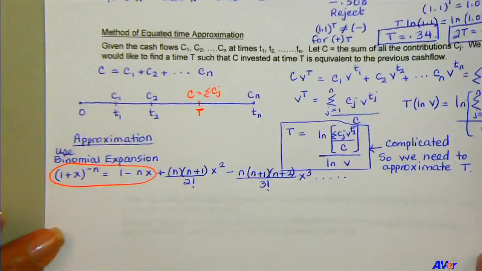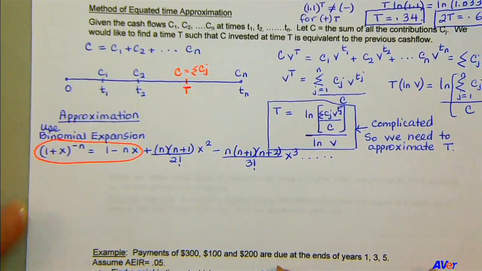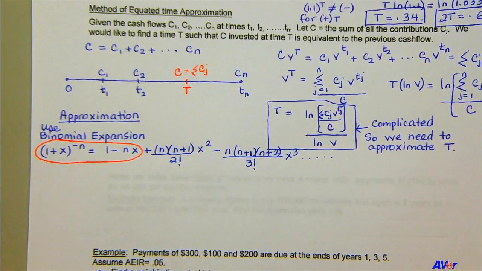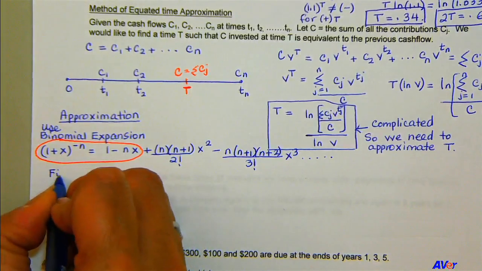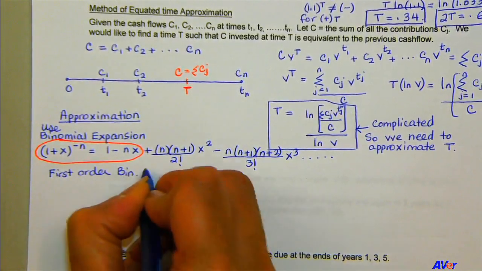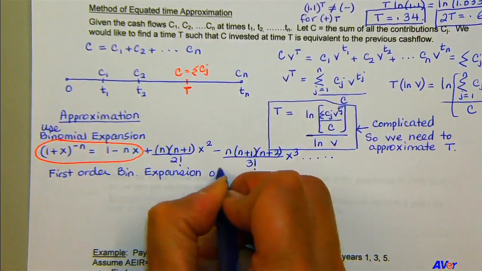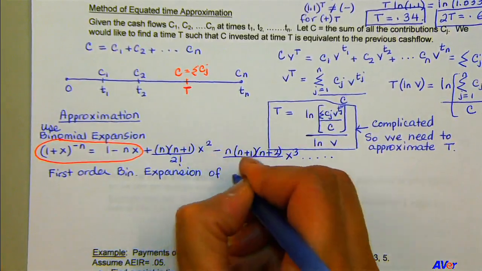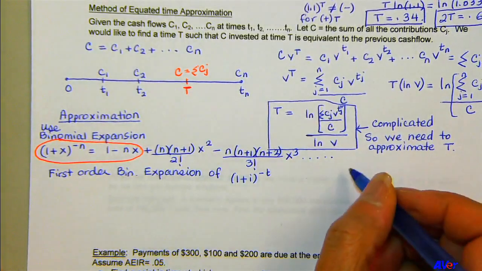So the first order binomial expansion of (1 + i)^(-t), because I have v^t everywhere, right?